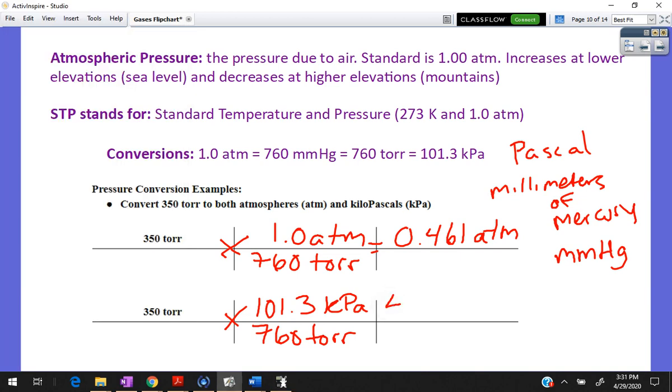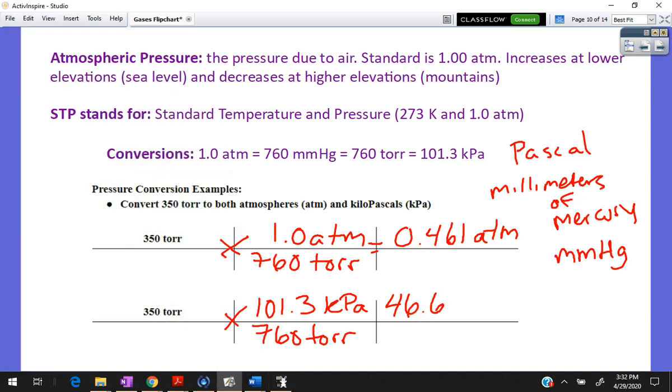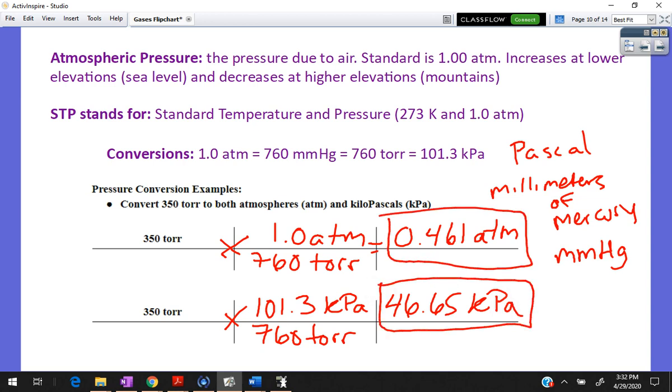And I end up with 46.65 kPa. So you can use that as your method of conversion, whether you're going to kPa or to atmospheres. If you're starting in atmospheres and going the other way, again, just pay attention to your units. Whatever you start with needs to be on the bottom so it cancels out. Whatever you end with needs to be on top.